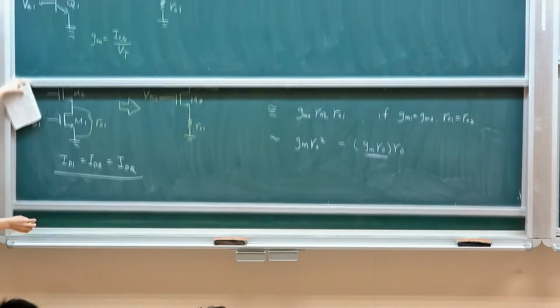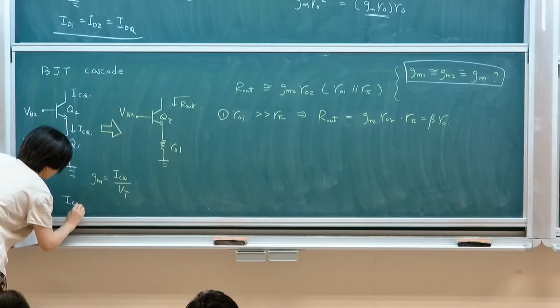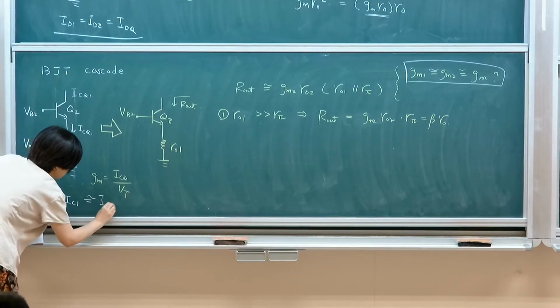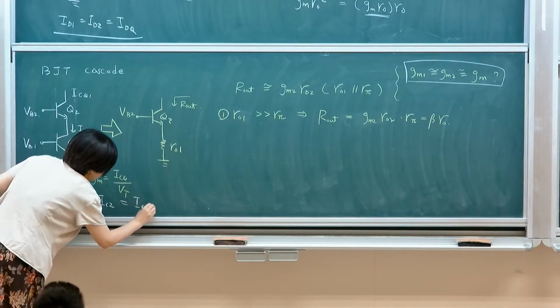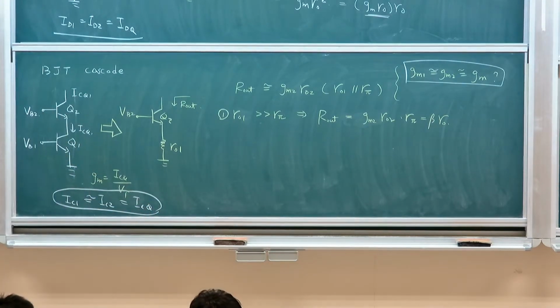And this is also about the same. So in this case, IC1 is approximately equal to IC2, and it's a fixed branch current if you ignore the base current effect.